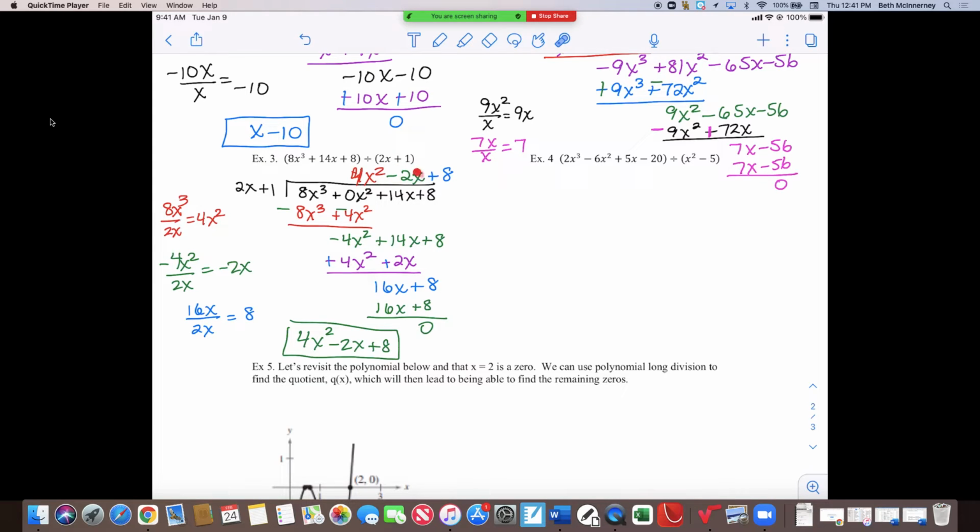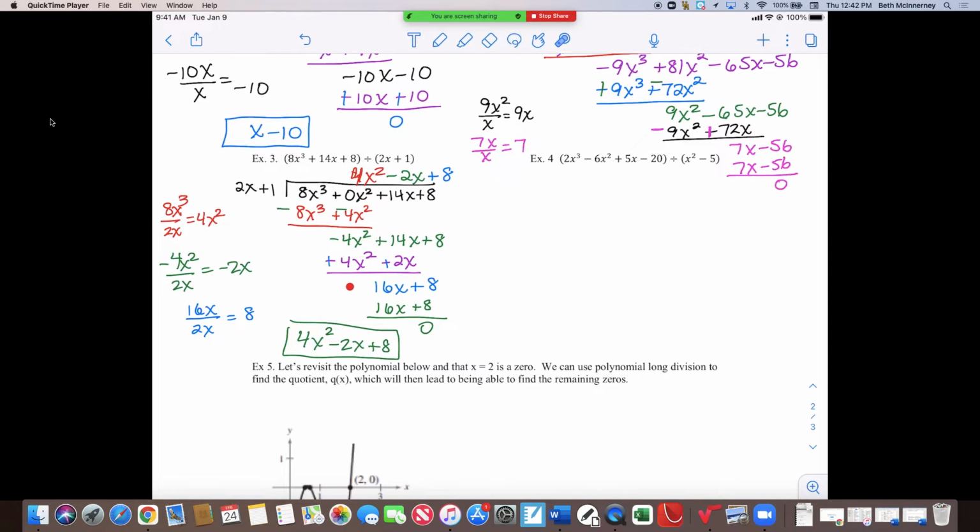Do you see where the negative 2x came from? Yes. Over here. Okay, so the first thing I'm doing is I'm multiplying. So I had a negative 4x squared minus 2x, correct? So what I'm doing is I'm subtracting. So negative 4x squared minus a negative 4x squared becomes a plus, right?